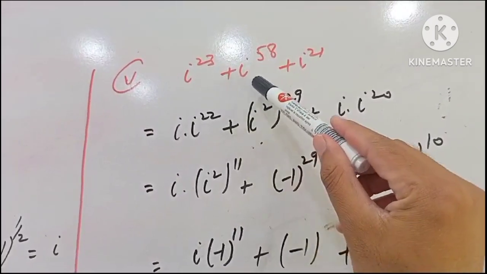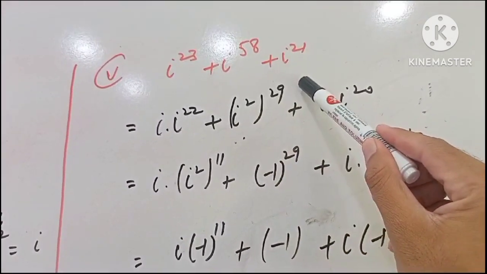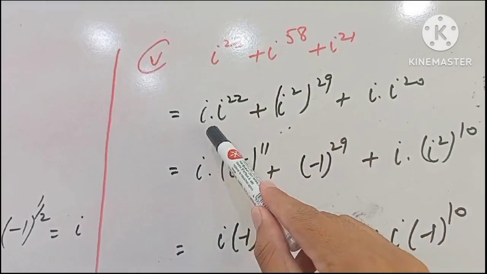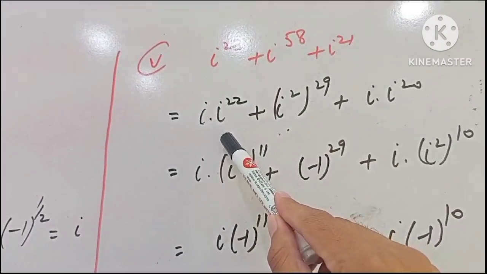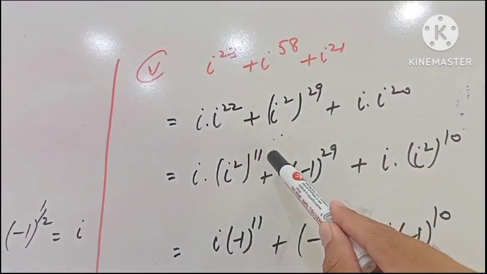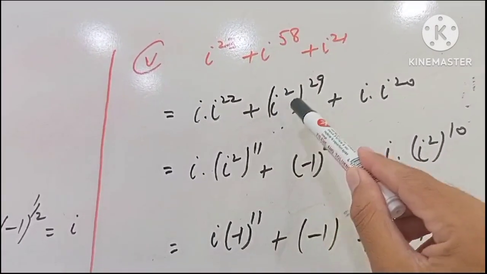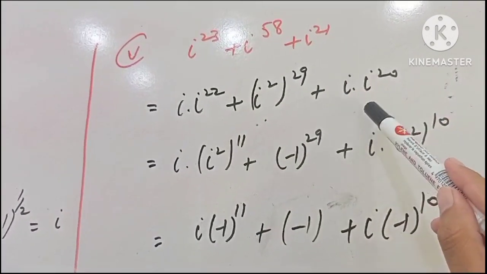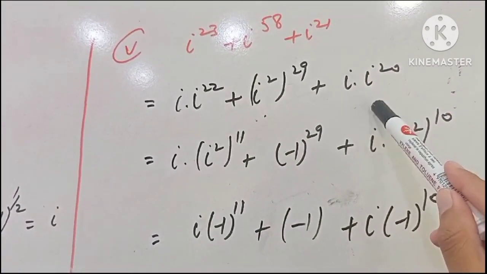Now we solve question number 1, part number 5. Iota power 23 plus iota power 58 plus iota power 21. We can write iota power 23 as iota times iota power 22. Similarly, we can write iota power 58 as iota square to the power 29, plus iota times iota power 20.